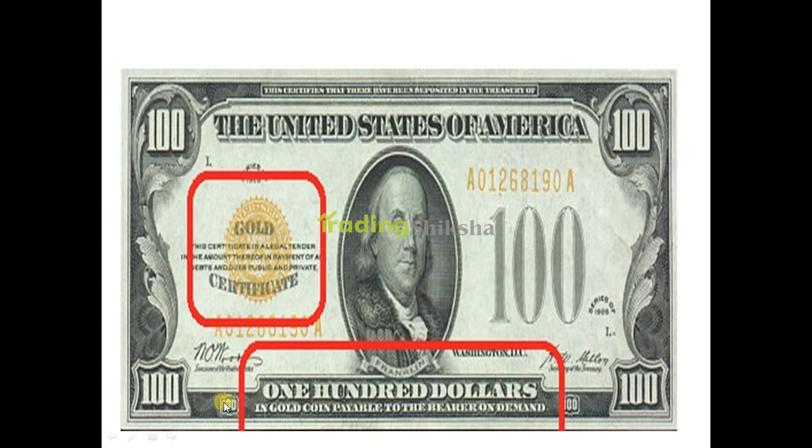Like I told you, 1 ounce of gold was equivalent to $35. So anyone who has $35 can go to the bank and ask the bank to give 1 ounce of gold. This is the meaning of this line. And the same thing is written here also.